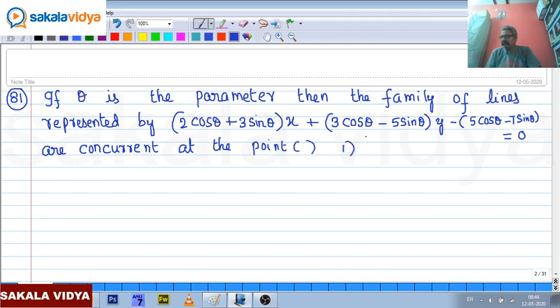First option minus 1 comma 1, second option minus 1 comma minus 1, third option 1 comma 1, fourth option 4 by 19 comma 29 by 19.